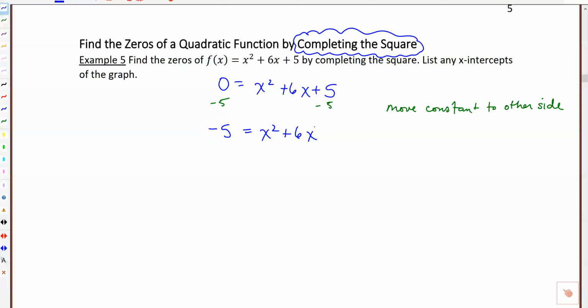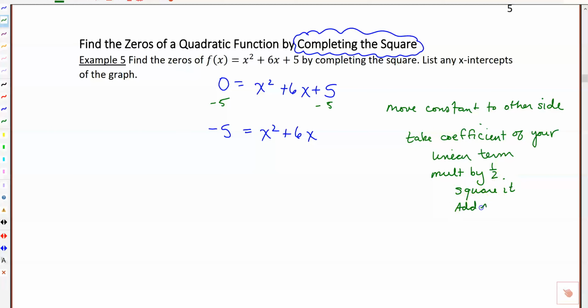Right, so now the next thing, and this is kind of the special step here, is you're going to take the coefficient of your linear term, multiply by 1/2, or divide by 2, however you want to think about it, and then square it.